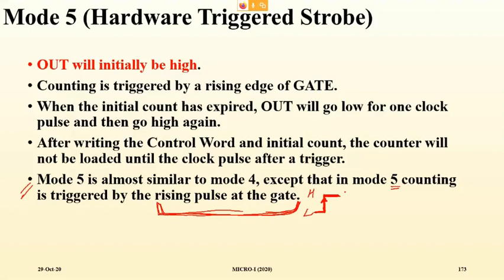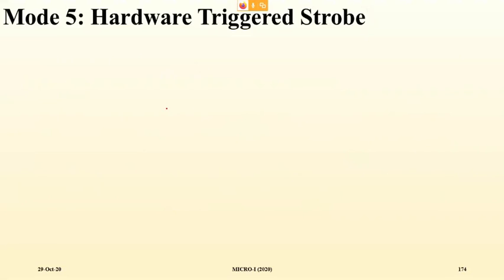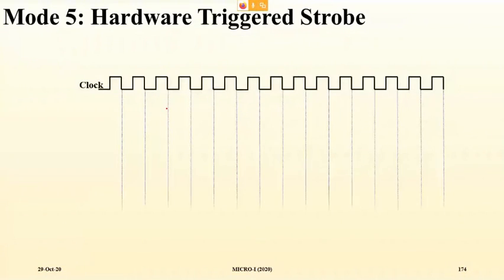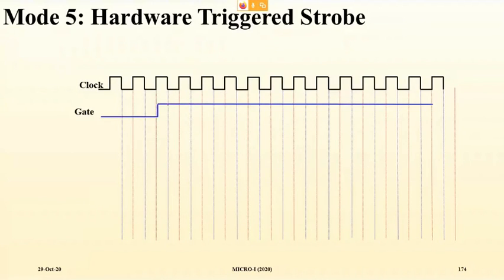Initially the output will be high and it will go low for one clock period at the terminal count. Everything will be same. Let us look into the waveforms. Now we have the gate.